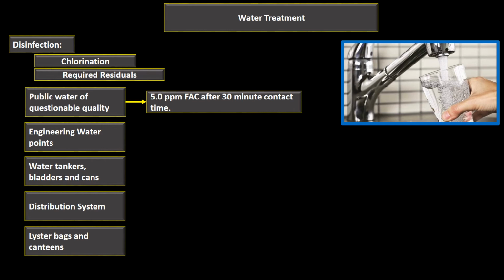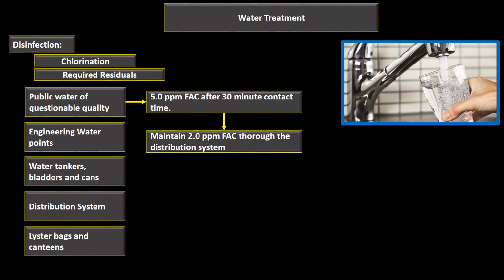So put enough chlorine in there to make sure it reaches 5 parts per million, and then test it 30 minutes after, and it's got to be at that. Once you've done that, you just need to maintain 2.0 parts per million free available chlorine throughout that distribution system.